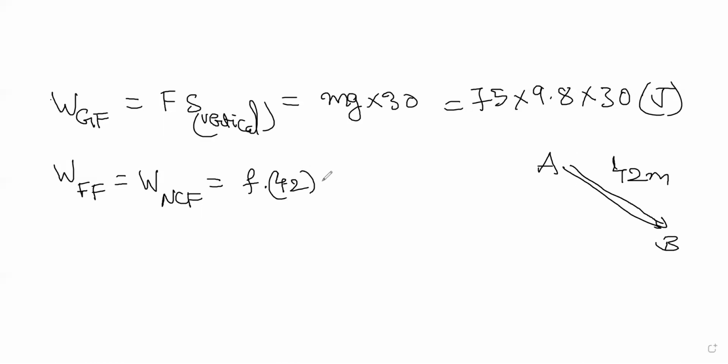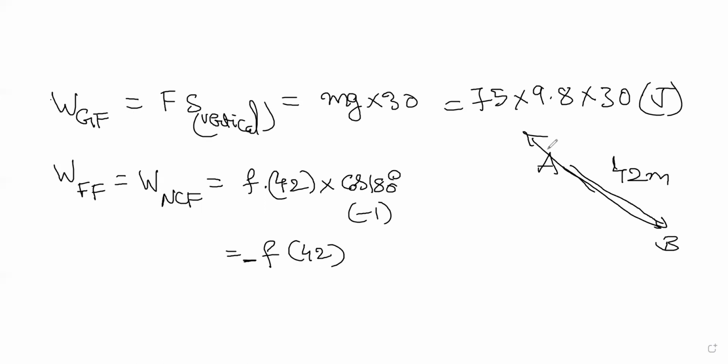And the friction acts in the opposite direction of displacement, so the angle is 180 degrees, and cos 180 is -1. So work done by friction will always be negative. No doubt about that. So F into 42, but with a negative sign is what we have to substitute.